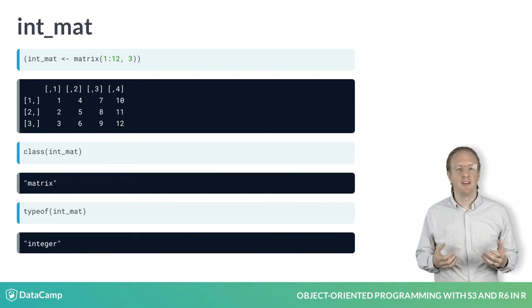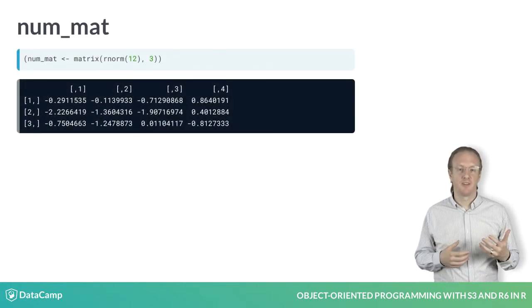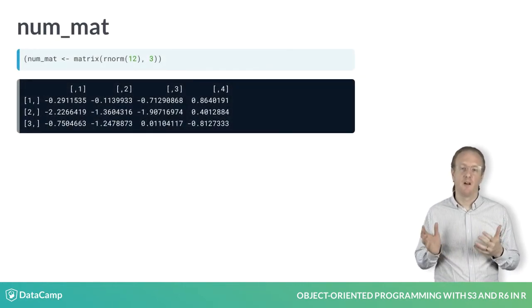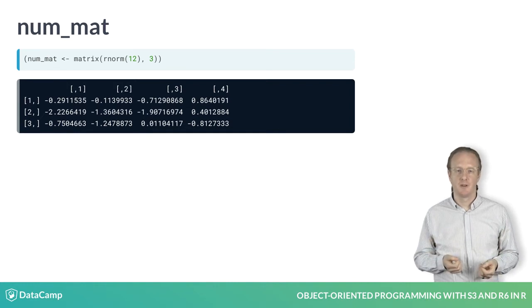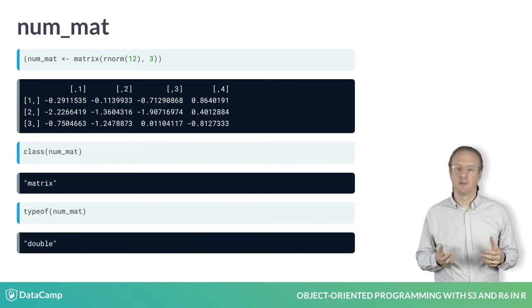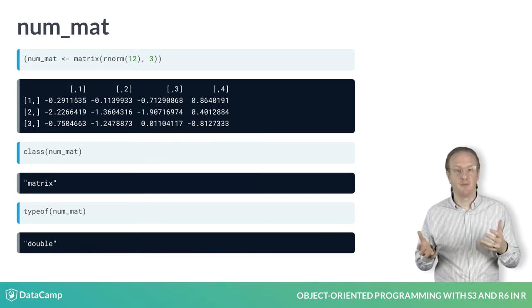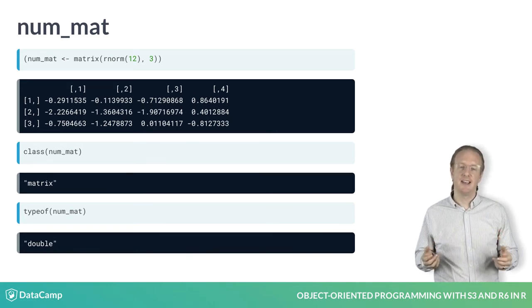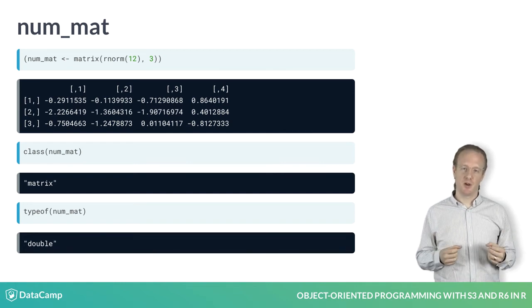Now let's look at a numeric matrix. This time, rather than containing integers, you have floating point numbers. Again, of course, the matrix has class matrix, but now when you call typeOf, the return value is double. This is because typeOf returns the type of variable that R understands in its internal C language code.